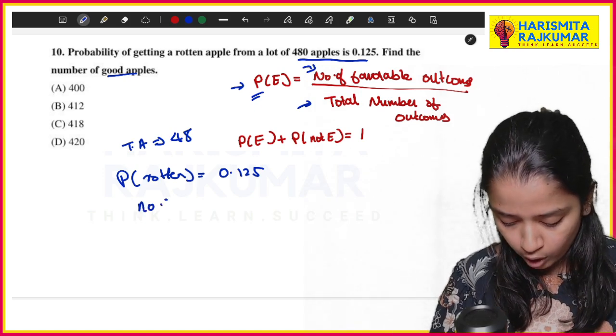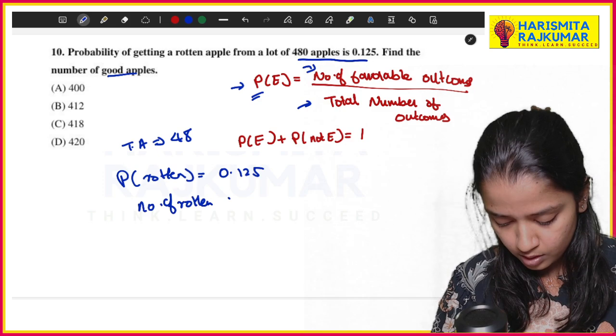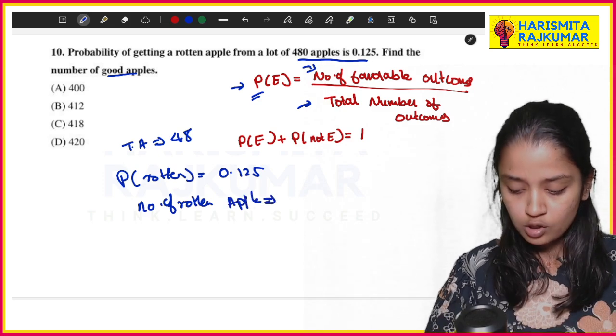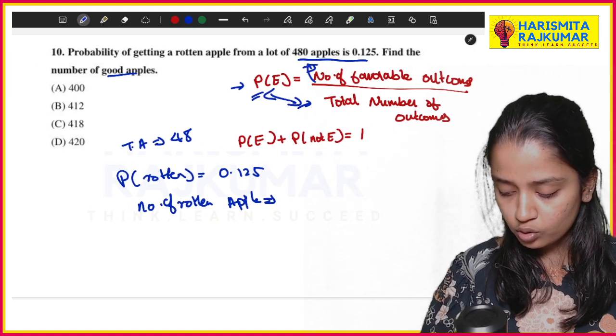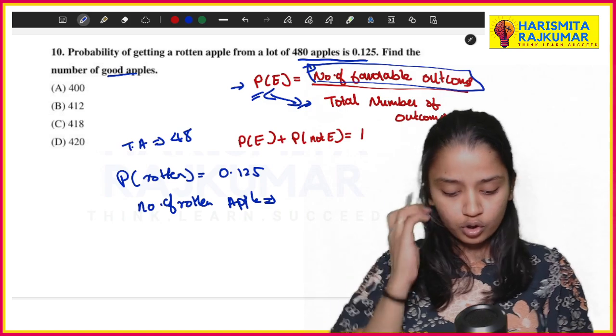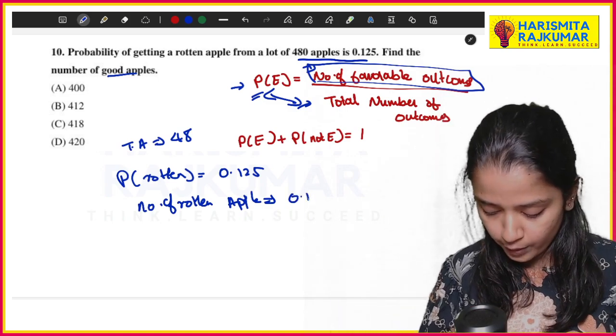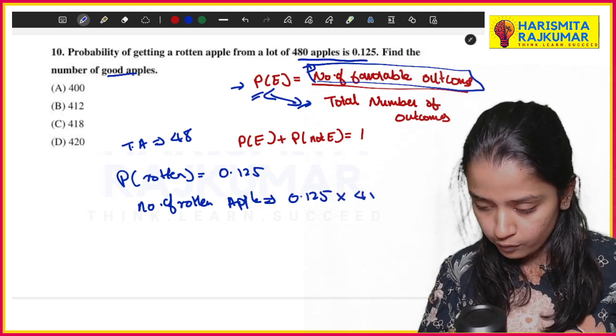How many rotten apples will we get? You multiply these two for favorable outcomes, so 0.125 into 480.